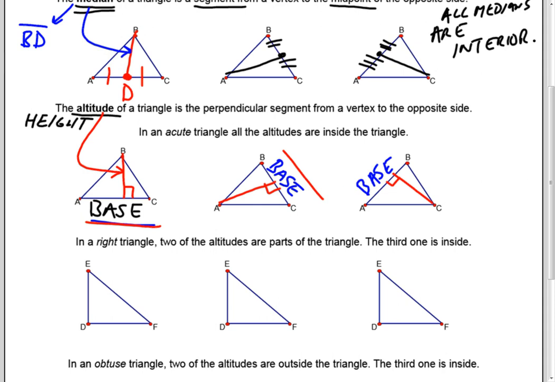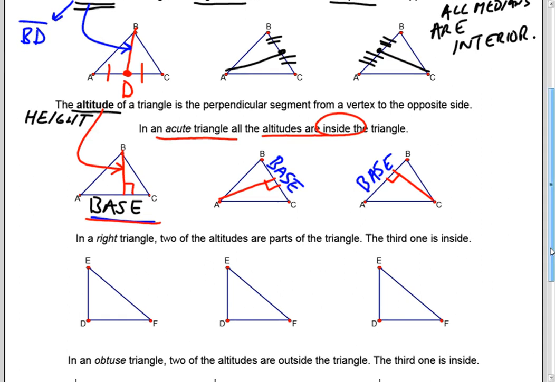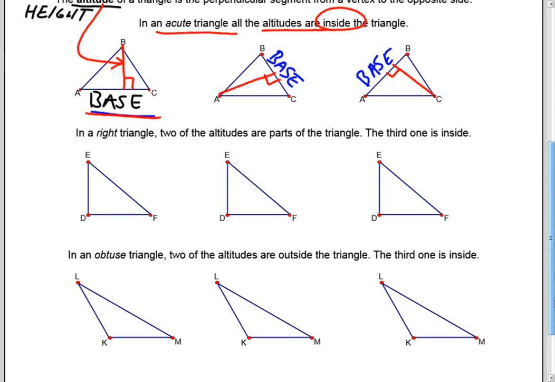These were acute triangles, so all of the altitudes were inside. Next week, we will take a look at what happens when we put all 3 together, and we'll do some constructions with that.